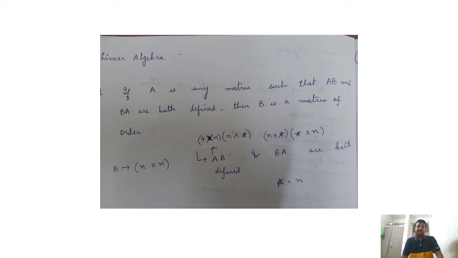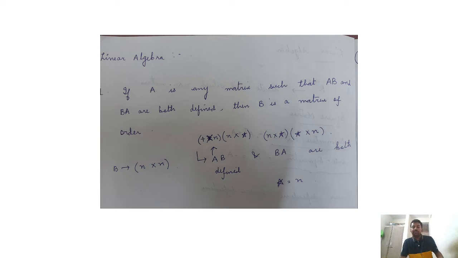The number of rows of the second matrix B should be equal to the number of columns of the first matrix, so let the order of B be n × star, where star is any variable. Fine. Now at the same time, they are saying BA is also defined.